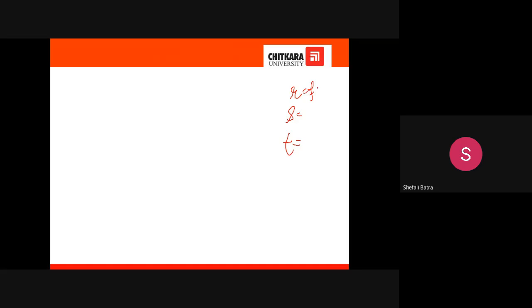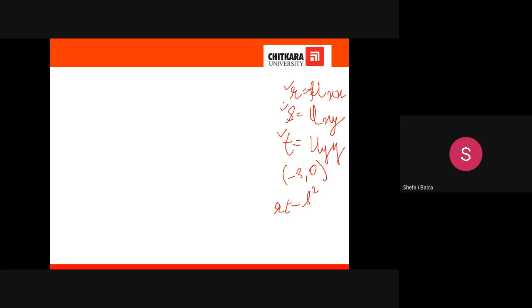Here, U is a function, so R is UXX. What is S? UXY. What is T? UYY. You need all three derivatives at point minus 3 comma 0. And then you need to check the sign of RT minus S square.